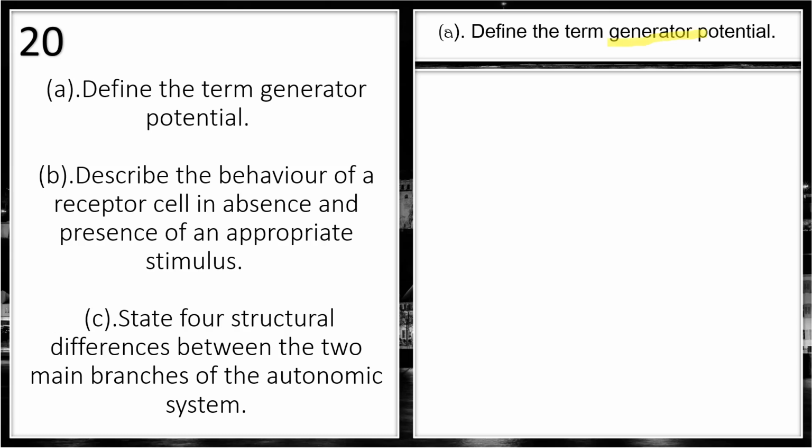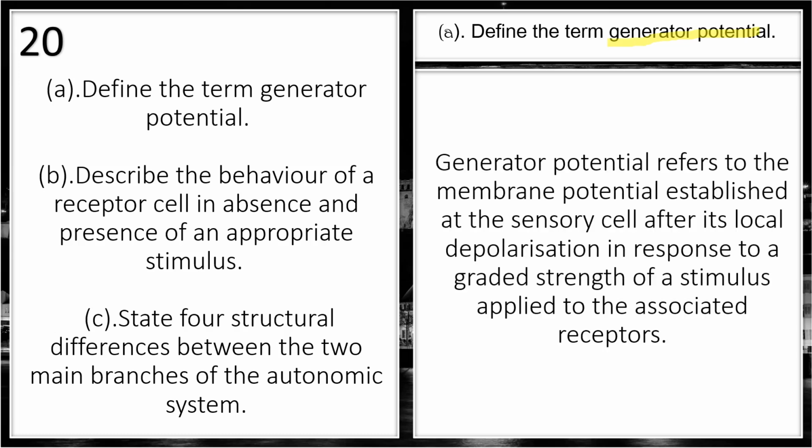Define the term generator potential. Generator potential refers to the membrane potential established at the sensory cell after its local depolarization in response to the graded strength of a stimulus applied to the associated receptor.